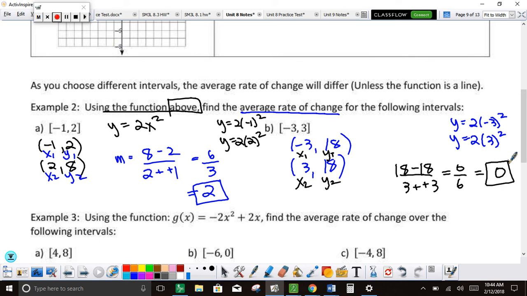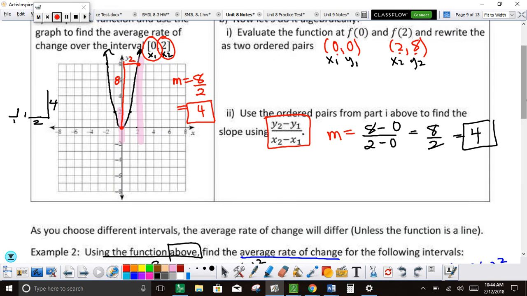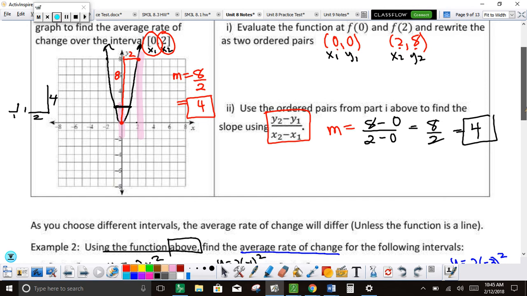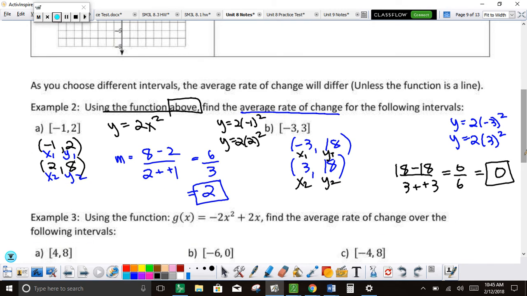What would that look like on the graph? What does a 0 slope look like on the graph? It's like taking 2 points that are right across from each other. So the line between those would be flat. Which I guess makes sense. And all of these averages are different because the function is a curved line, not a linear line.